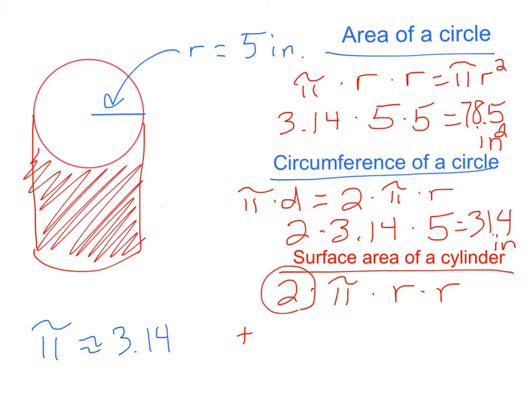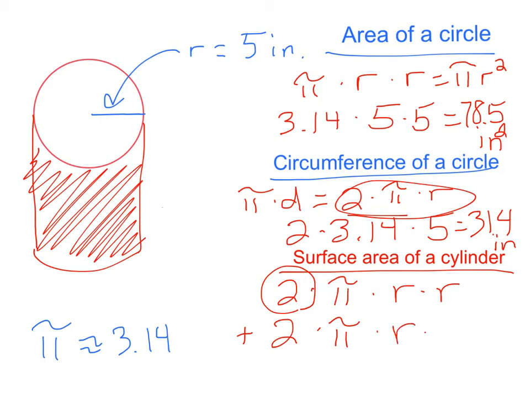And then you are going to add this. When you unroll it, when you look at it from a net perspective, that's a rectangle. Now, to find that rectangle's length and width, using circumference, you have to find 2 times pi times r. That will give you one of the lengths.